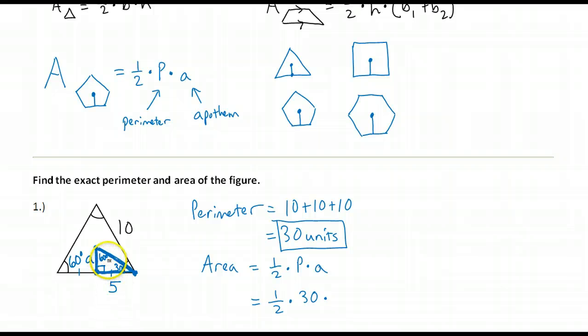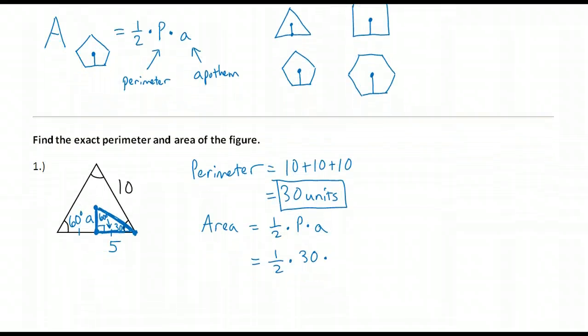In this example, 5 is my middle length. To go from the middle side to the shortest side, my apothem, I'm going to have to divide by the square root of 3. So in this example, my apothem is going to be 5 divided by the square root of 3.